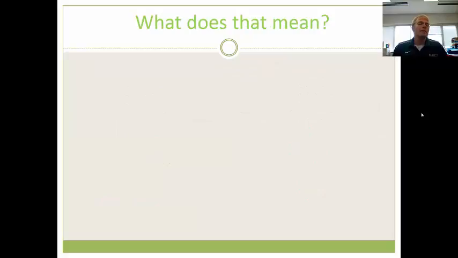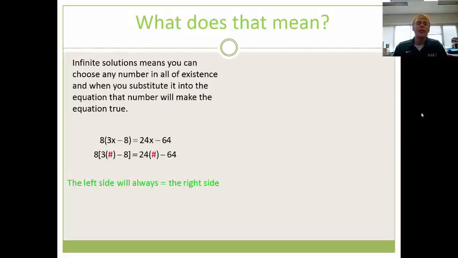So what does it really mean, though, to have an infinite solution or no solutions? Well, let's talk about that. If you have an infinite solutions set, what that means is you can take any number in all of existence, substitute it for the variable, and the left-hand side will equal the right-hand side. It is impossible for you to end up without a true equation.